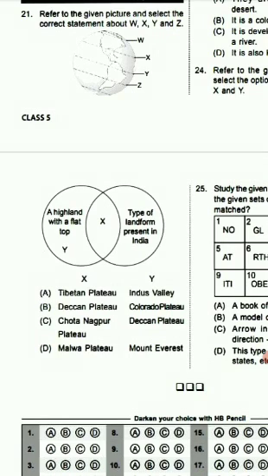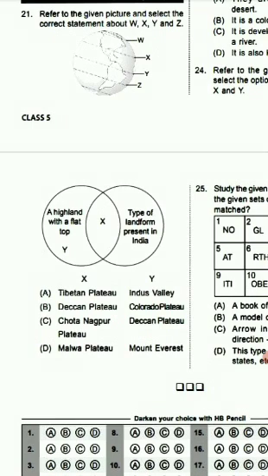There are 4 options, X and Y, two columns. A. Tibetan Plateau, Indus Valley. B. Deccan Plateau, Colorado Plateau. C. Chota Nagpur Plateau, Deccan Plateau. D. Malwa Plateau, Mount Everest. And the correct option is B.